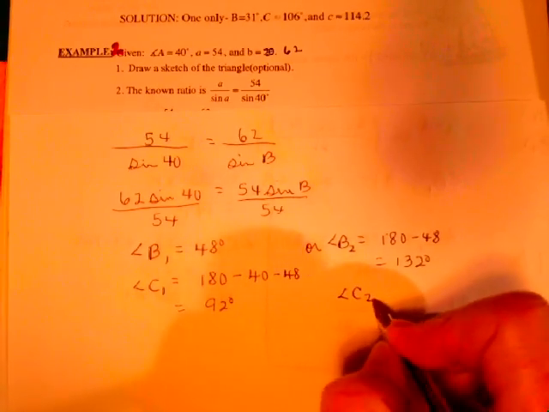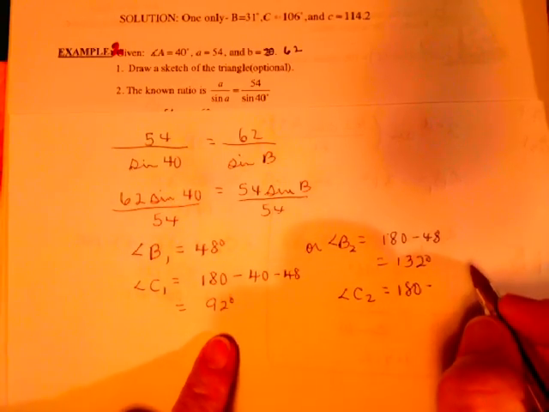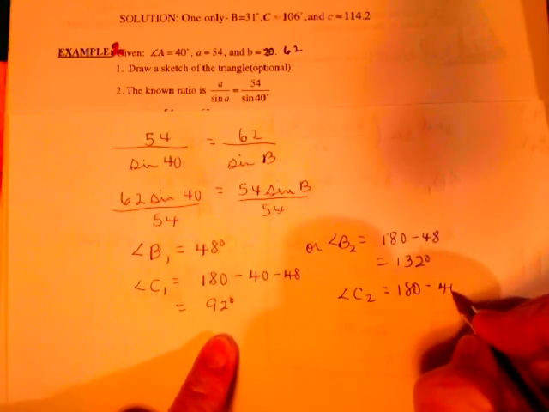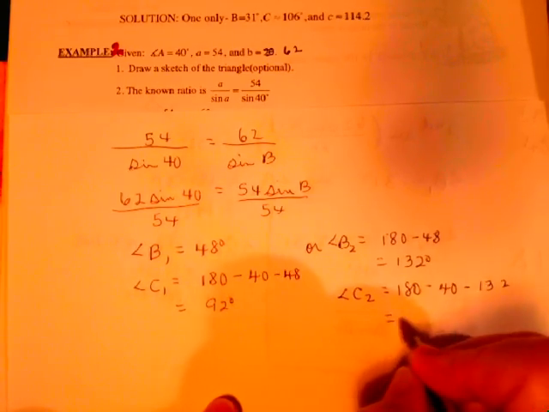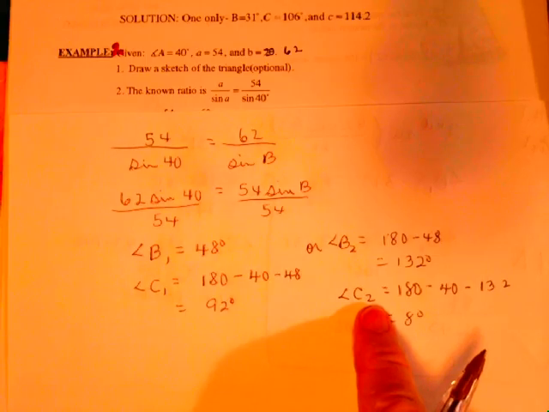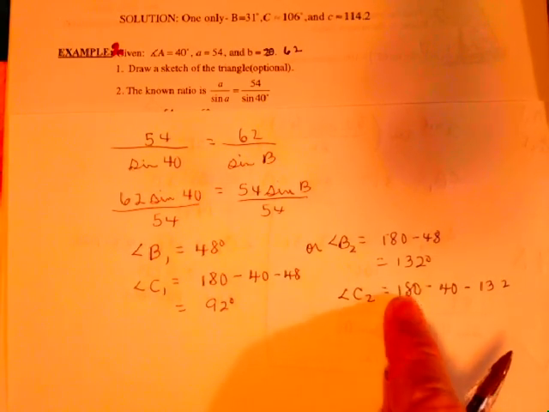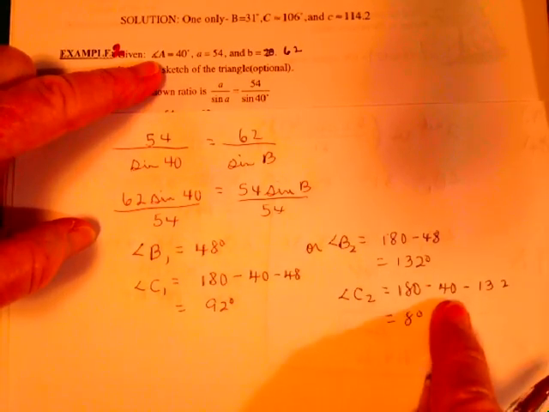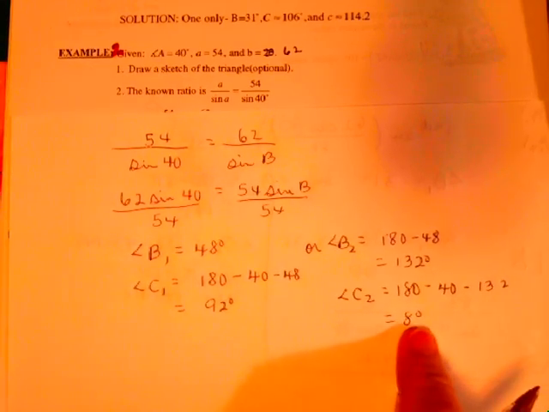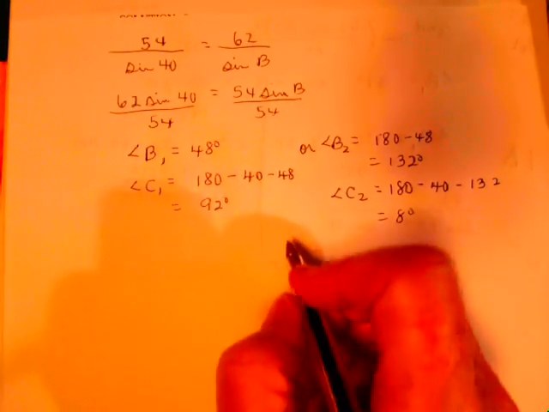Angle C2 would be 180 minus 40 minus 132, which is 8 degrees. We take 180 degrees, which is inside of a triangle. We subtract A, which is 40 degrees, and B, which is 132 degrees, which leaves us 8 degrees. We've got enough degrees left to make a second triangle.